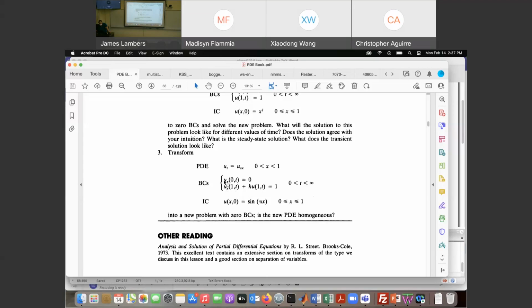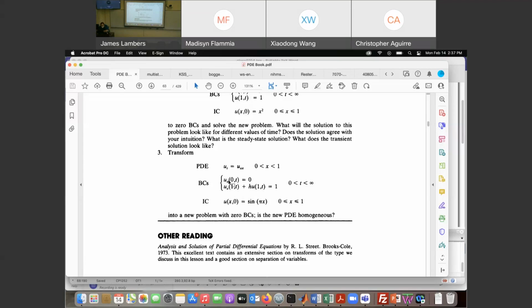This is somewhat similar to the second example in the notes, which had the same boundary condition on the right side, but not the left. Because in the example it was u of 0, t equals 0, whereas here it's du dx.